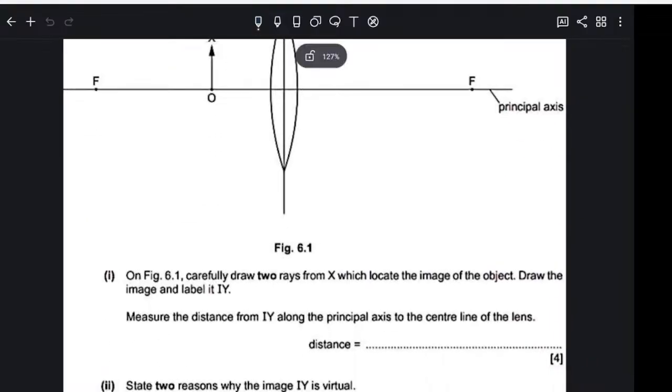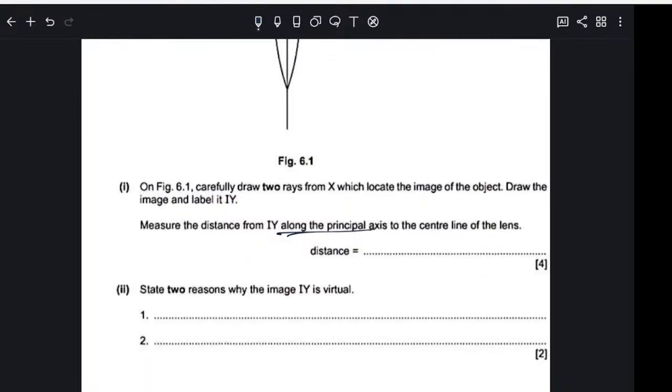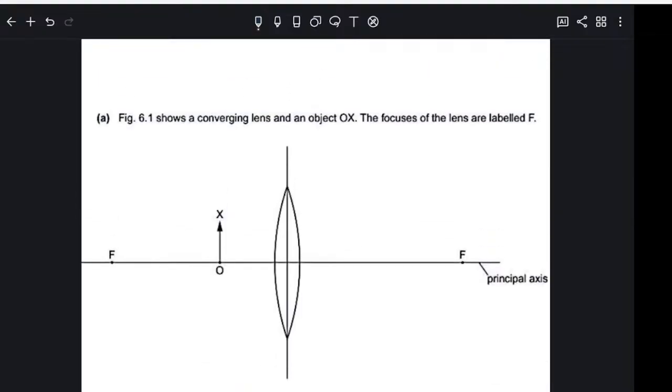Now, what is the question saying here? Yes. What is the question saying? Good. Here's the object. Now, what do you want to draw? We want to draw the image. How easy is this? How many lines do you need to find the image? 2.